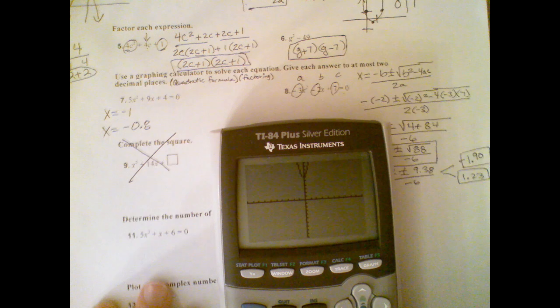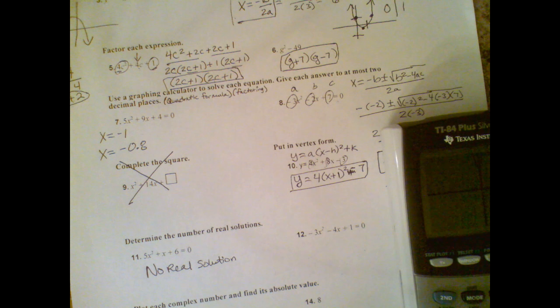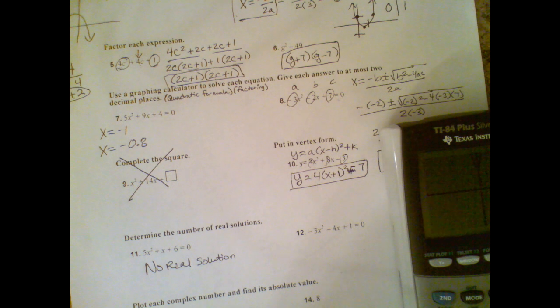Notice on this one it does not cross the x-axis, so you're just going to put no real solution. Since it doesn't want to know what the solutions are, just how many, then you are done with that. You don't have to then go and use the quadratic formula and find the imaginary solutions.